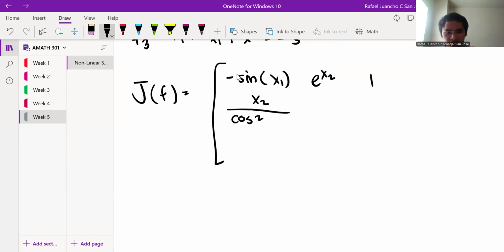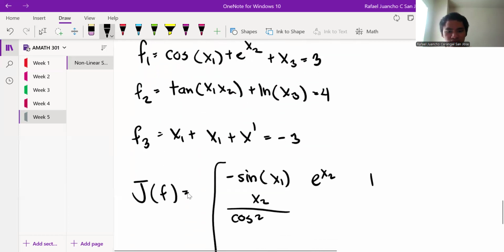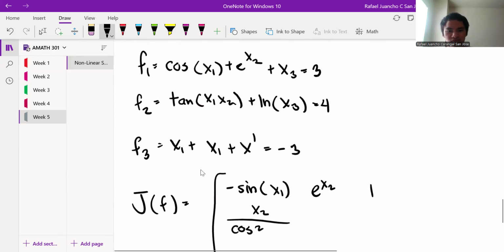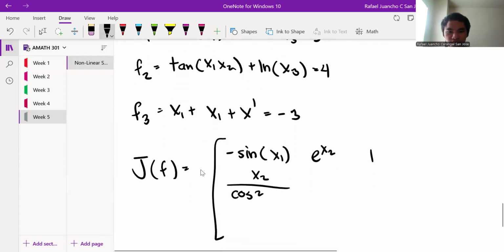So this is cosine. Oh, wait, my bad. Why is this cosine squared? That's interesting. Wait. Let me see what's happening.